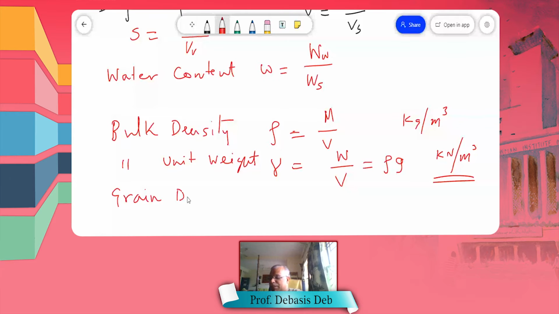We will use the specific gravity, but let us define grain density. So this we will define as rho s, still in density. This is basically Ms by Vs, the mass of the solid divided by the volume of the solid. And similarly, grain unit weight will be the weight of the solid divided by the volume of the solid. So these are the definitions.